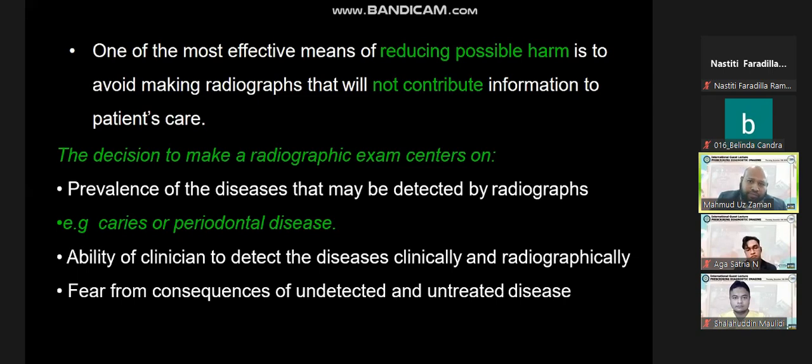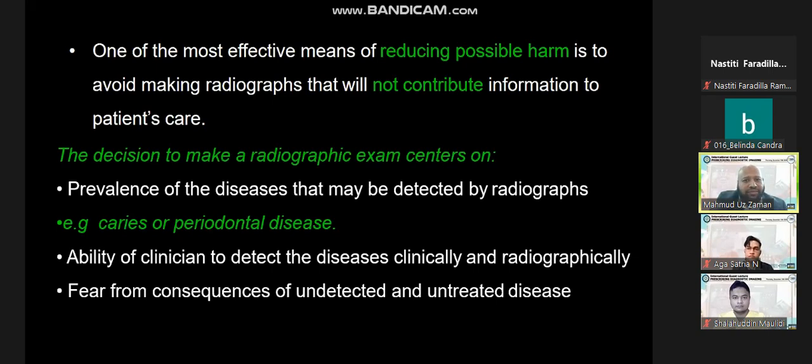Sometimes there is also the fear of the consequence of undetected or untreated disease. Sometimes you miss some diseases if you don't know the normal anatomy. Sometimes you only focus on the patient's chief complaint, but there are hidden diseases. So you should know the normal anatomy so that you can detect them, and always carefully examine the whole radiograph so that you don't miss any information, which will be beneficial for the patient and for you also.